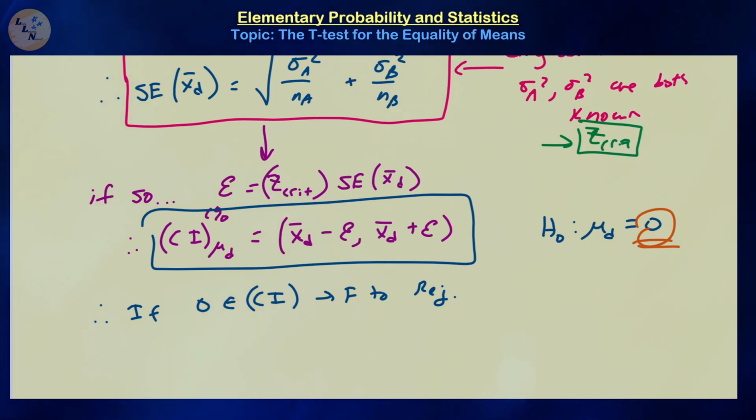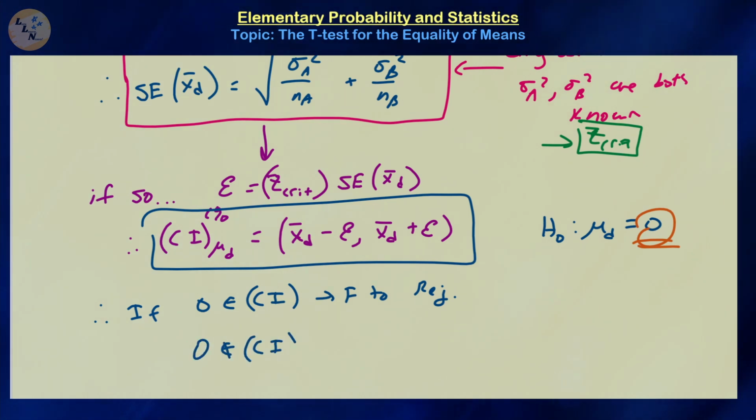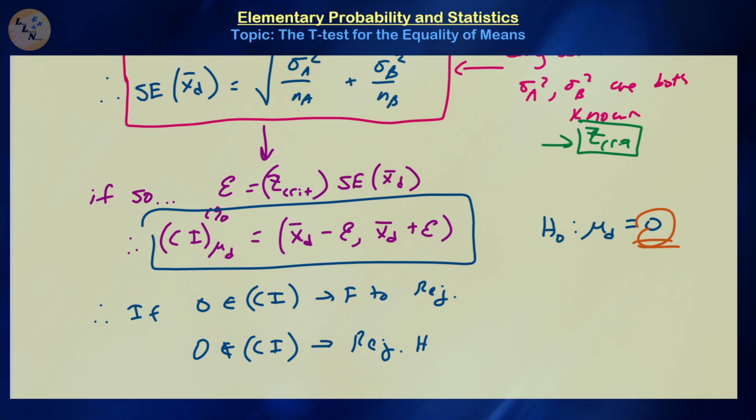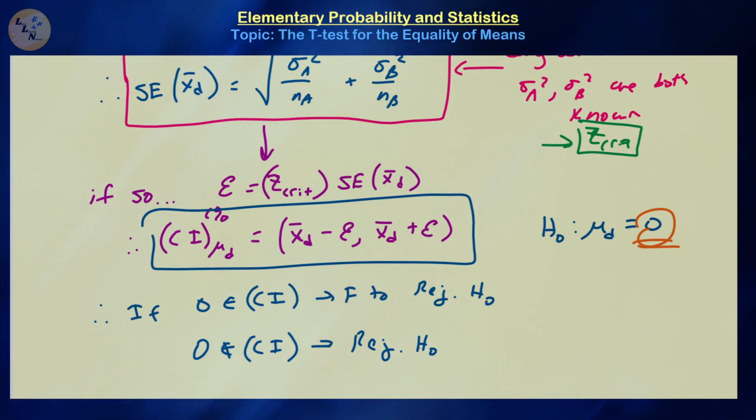Therefore, we have evidence to believe that mu a and mu b are approximately equal to one another. And if 0 is not inside of the confidence interval, then we're going to be rejecting the null hypothesis, because that implies that one sample mean is significantly greater than the other, implying that the population mean of one is significantly greater than the other population mean.